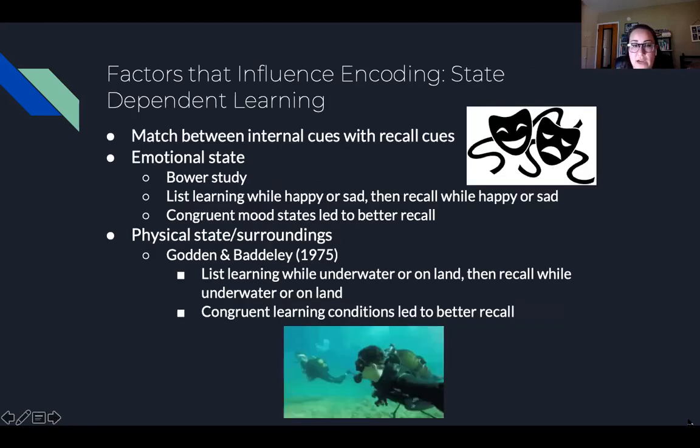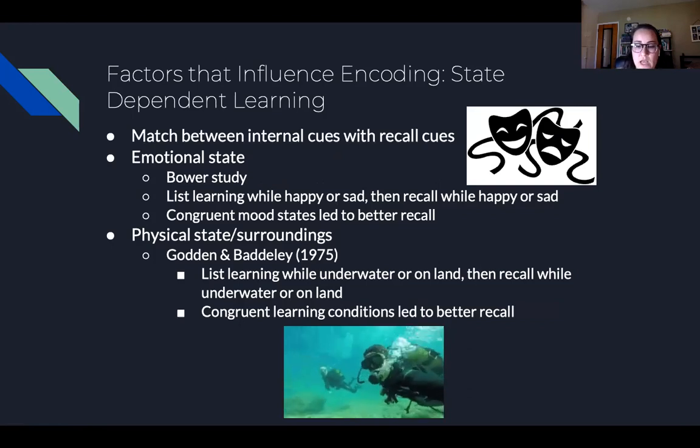One of these factors is called state-dependent learning. State-dependent learning emphasizes the importance of a match between our internal cues, our own experiences, and the recall cues that we use to try to remember those experiences.